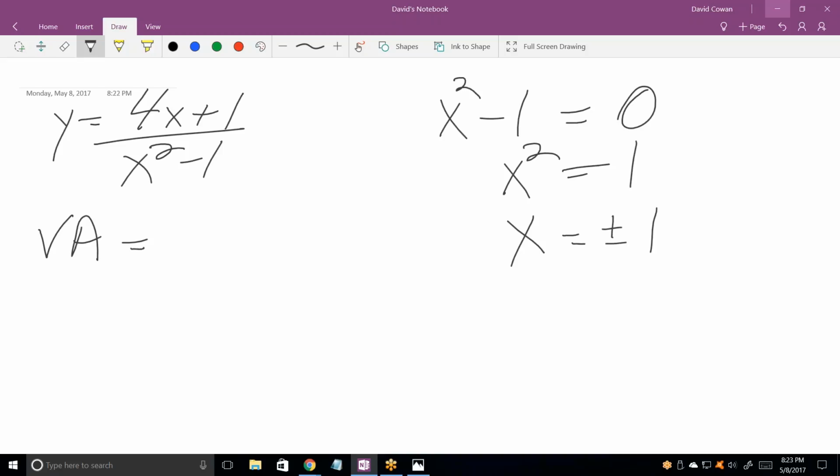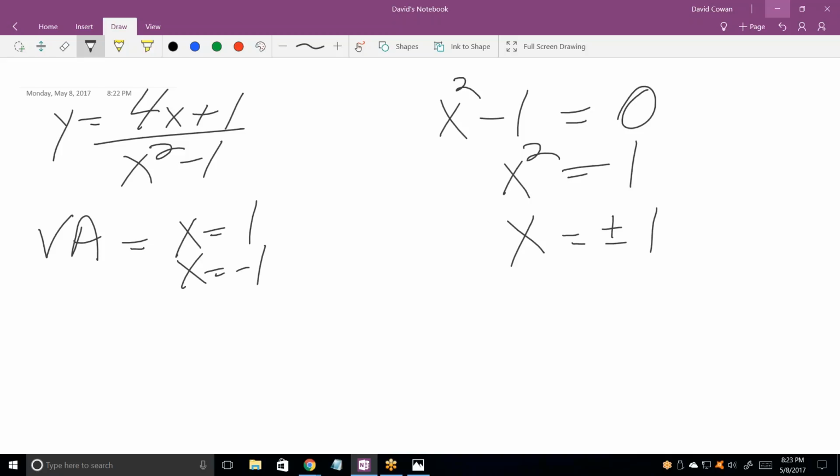It'd just be 1. I guess that's right. Yep. 1 squared is 1. That's why the answer is plus or minus 1. Okay. So I got 2 vertical asymptotes at x equals 1 and x equals minus 1.